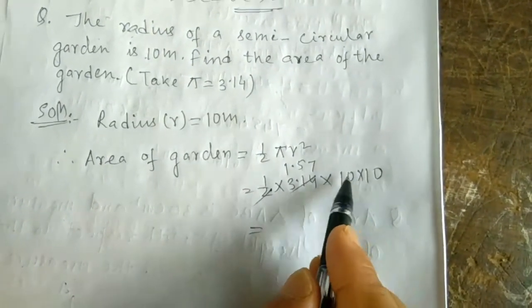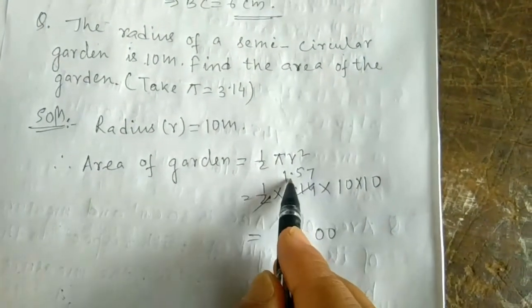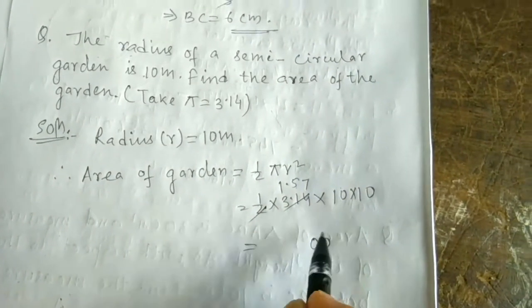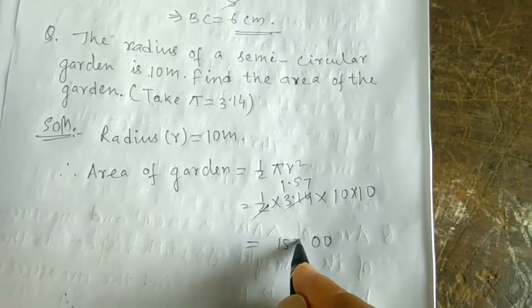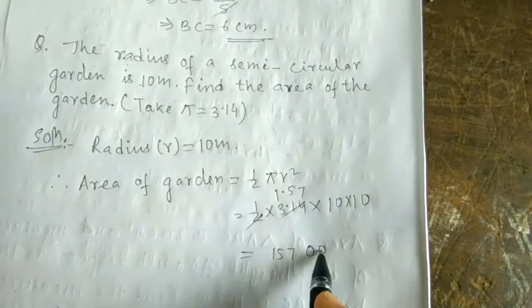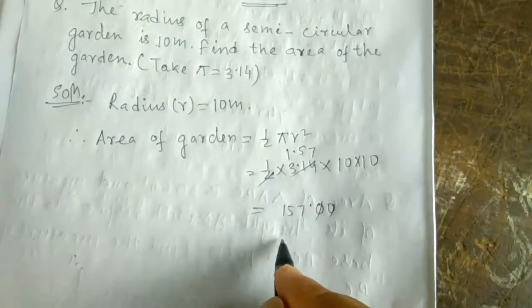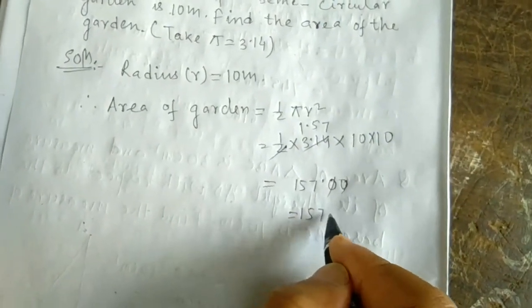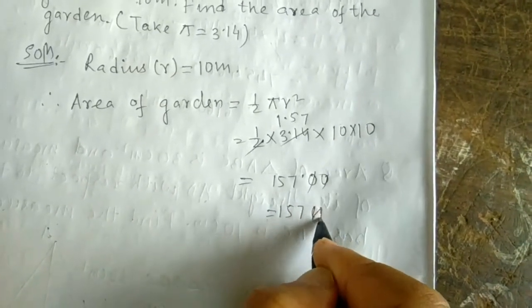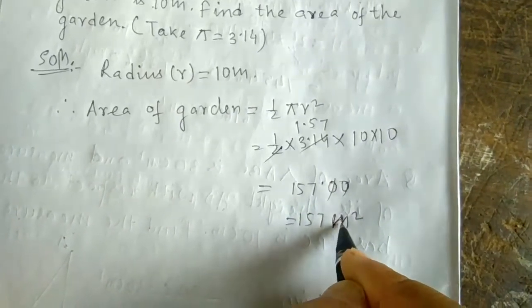Then multiply: 157 into 1 is 157. After the point, two figures, so the 0 is meaningless. It is 157 meter square. This is the answer and this is the last question.